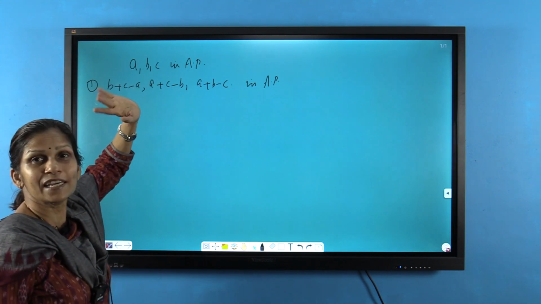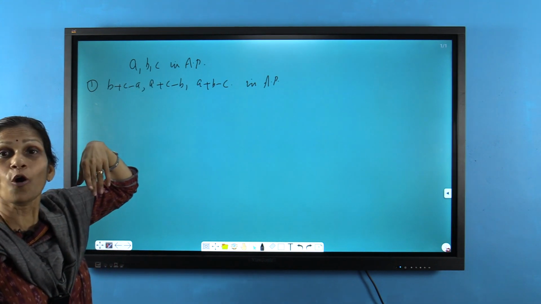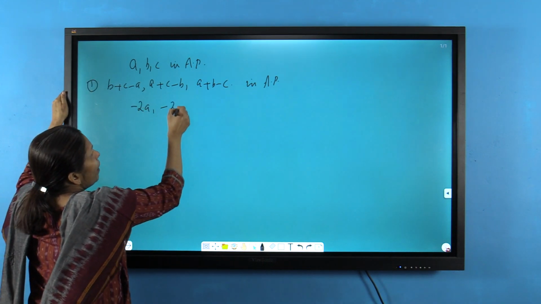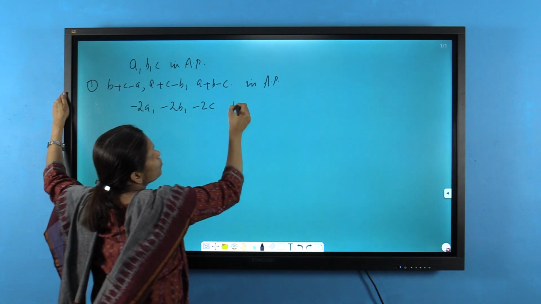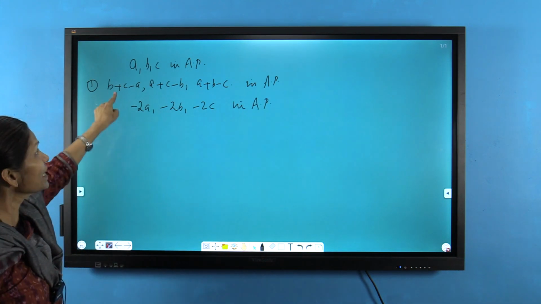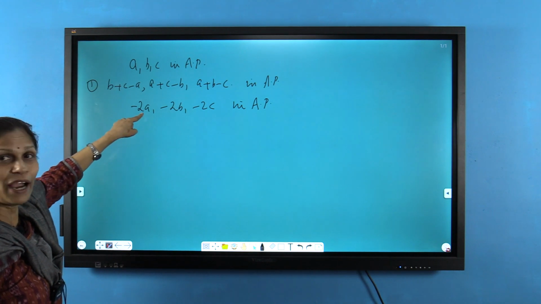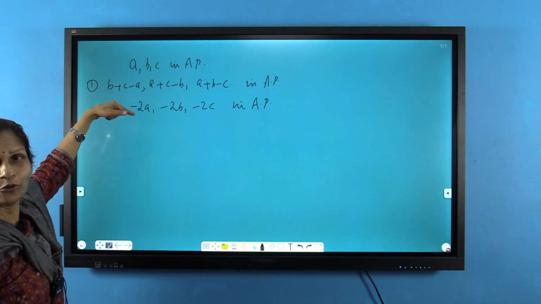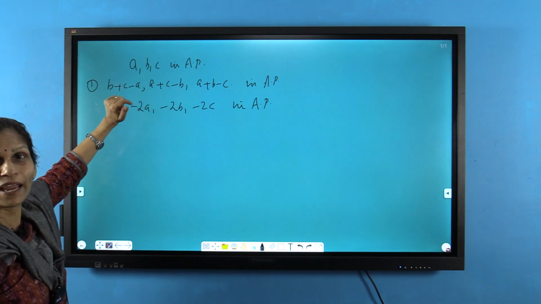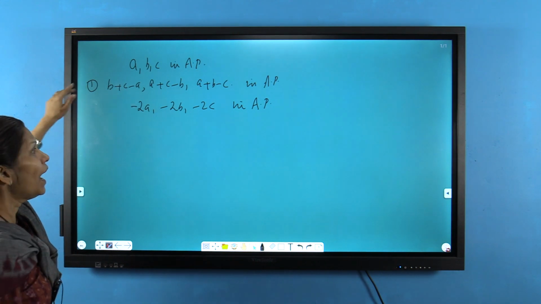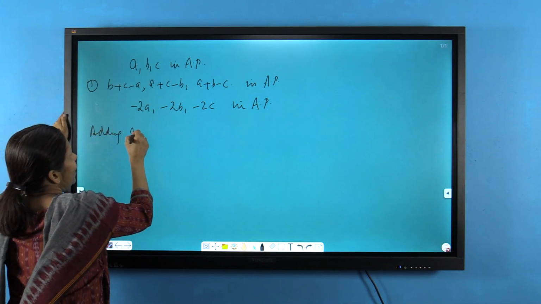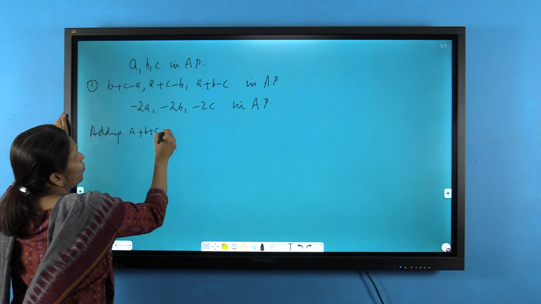If A, B, C are in AP, multiply throughout by minus 2. Don't I have minus 2A, minus 2B, minus 2C also in AP? Okay, to get a term like this, I have minus 2A. I have to add an A to get a term like minus A. Now what I do is I add A plus B plus C. What would I have?